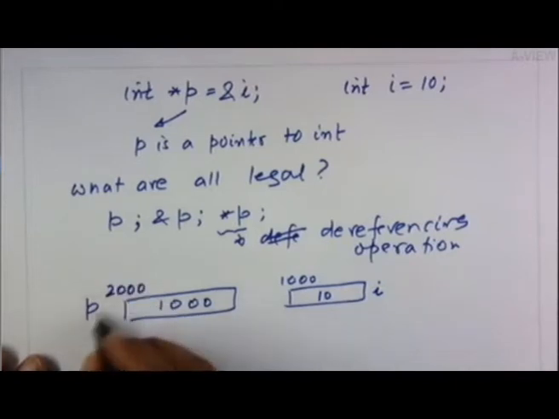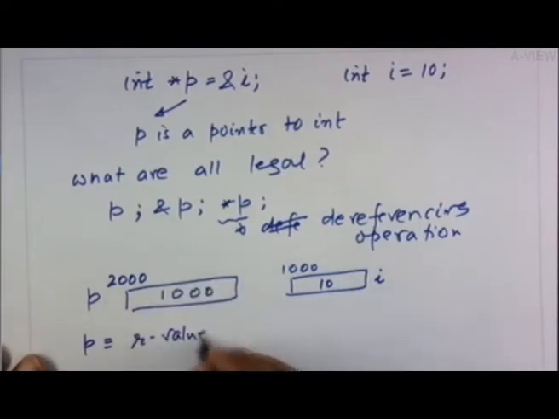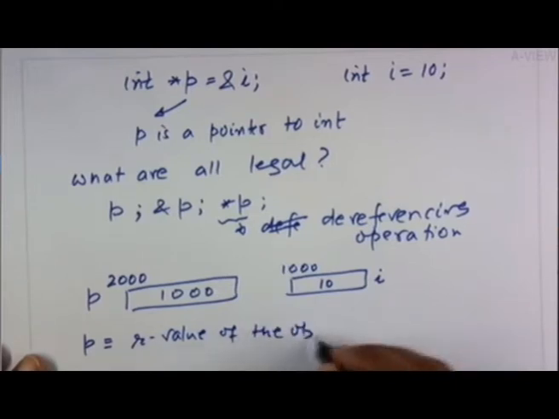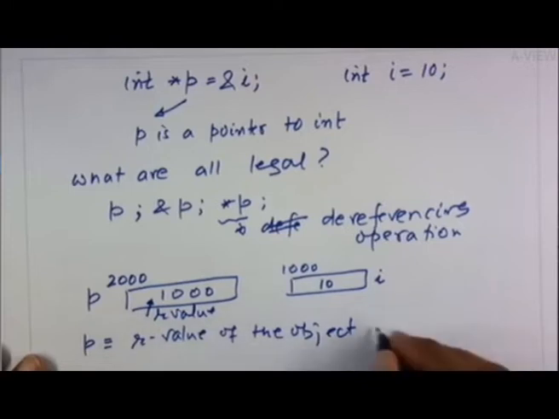This is the L value. So when I say just p, what is p? p is the same as the R value of p. Always. For any object, if you just call its name, it's the R value of the object. R value of the object means what is stored inside the box. And hence the output has to be 1000 for p.